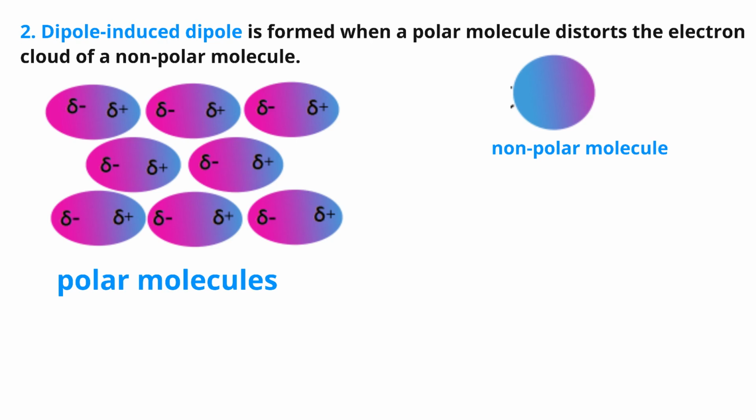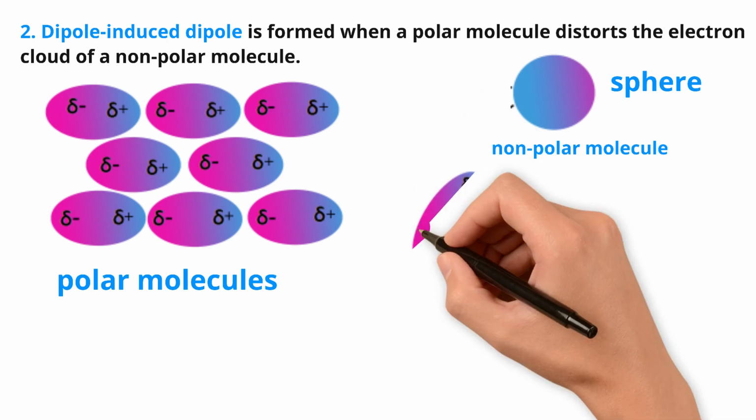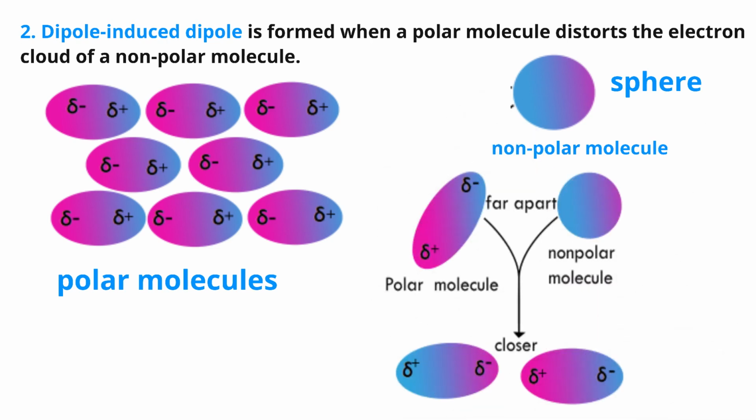As I told you, there is no charge separation, there is no pole, there is no polarity in a nonpolar molecule. When this polar molecule distorts the shape of the nonpolar molecule, the type of force formed is dipole-induced dipole.